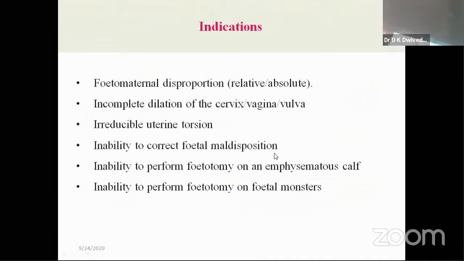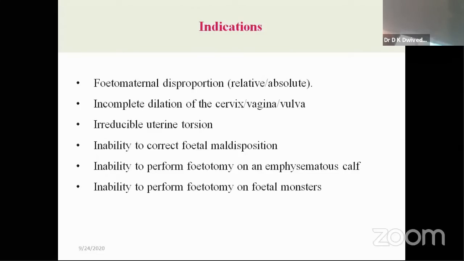Now come to the indications for the C-section. When we are going for the C-section, these are the indications. First is the feto-maternal disproportion, either relative or absolute. Second, if there is incomplete dilatation of the cervix, vagina or vulva, in that condition you have to go for the C-section.